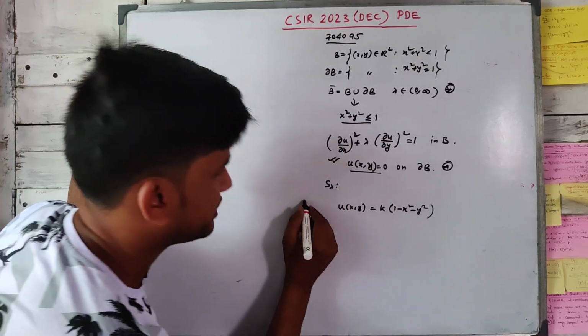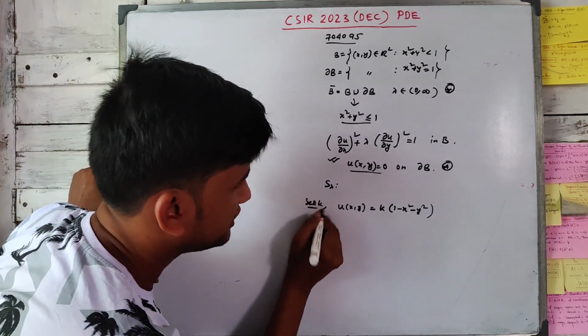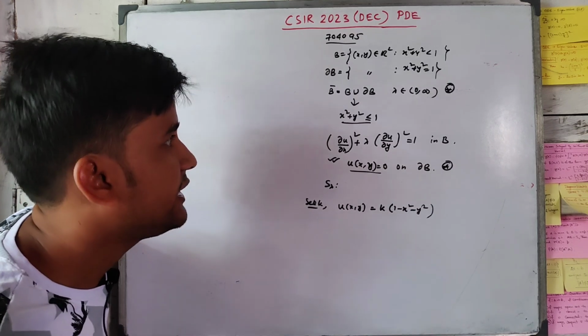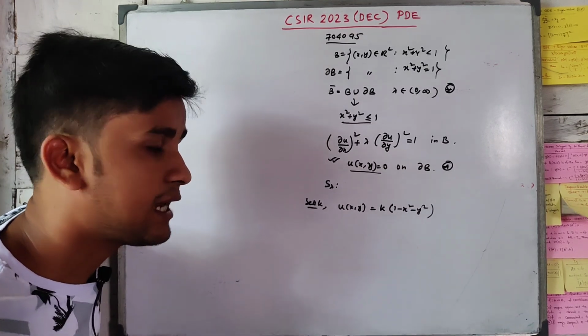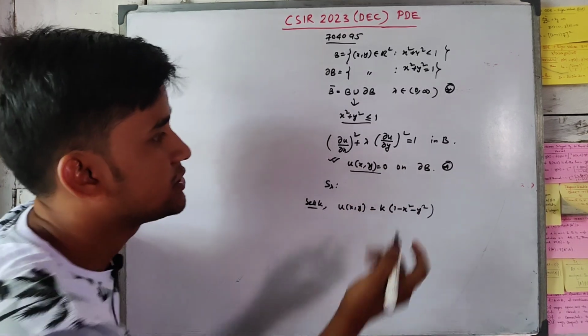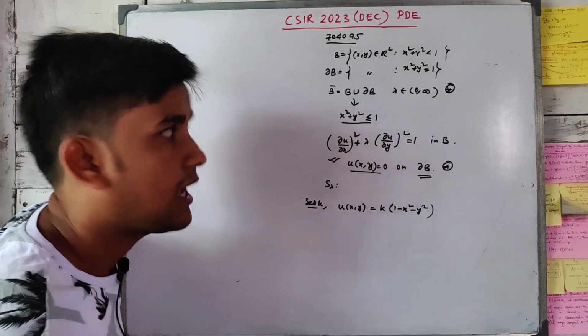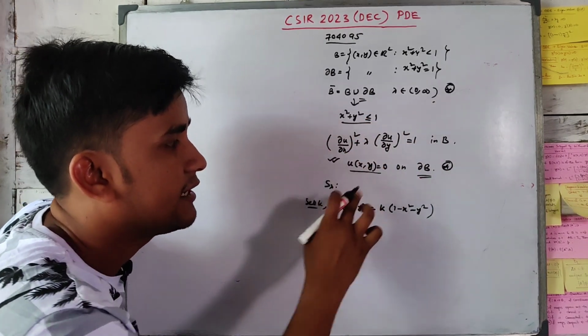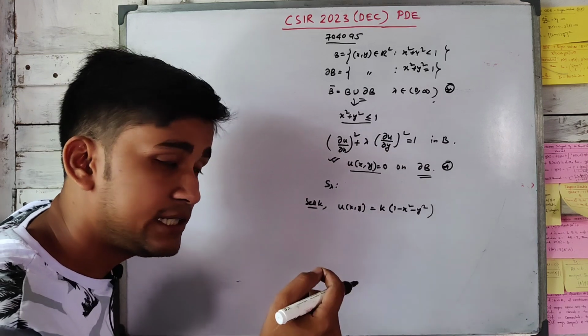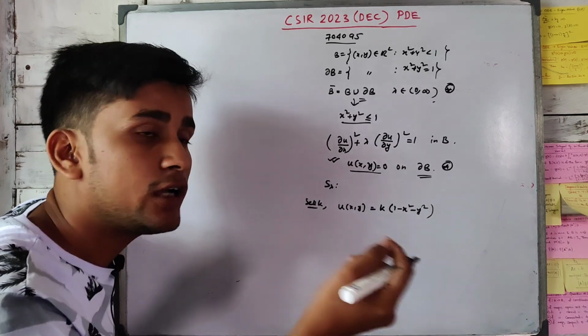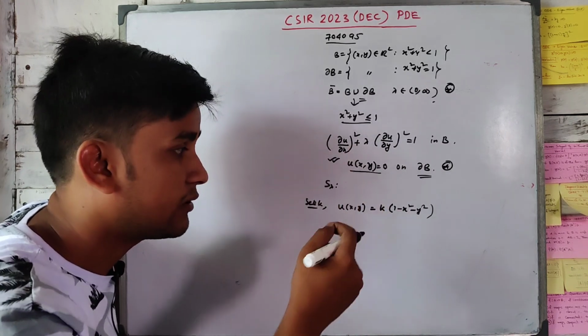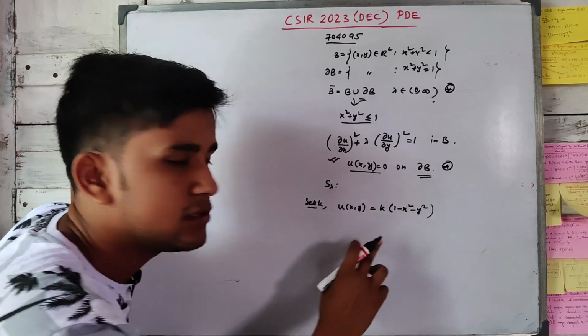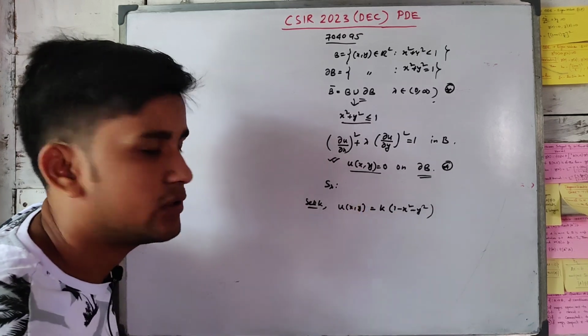If we seek this solution, then this problem is very easy. And how can you think about this solution? This line says that the solution is 0 on the unit boundary, so this is the only solution which satisfies the boundary condition here.